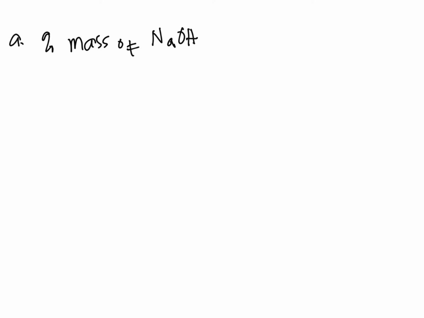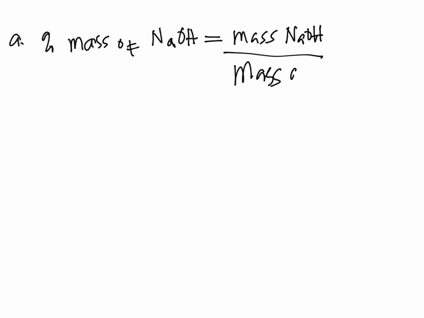So how will you do it? When you say percent mass of sodium hydroxide, that means mass of sodium hydroxide over the mass of the solution, and then you multiply it by 100 because this is percent mass.